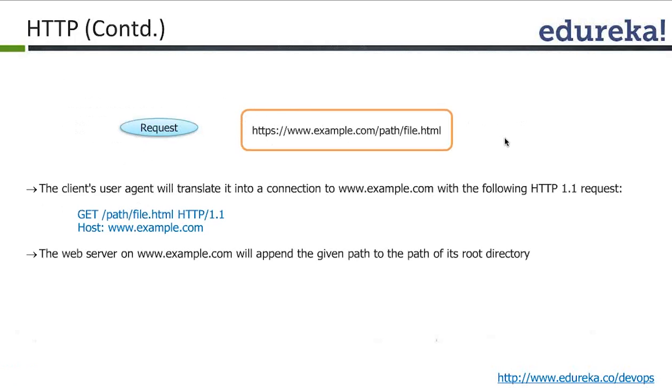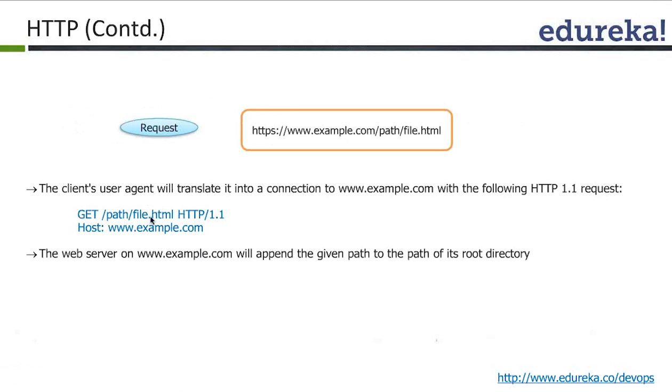This particular protocol has a lot of commands. Okay, I'm sure you might have heard of your GET command, your POST command, DELETE. There are various kinds of such commands. So when you type www.google.com or whatever it is, in the back end you are actually sending a request like this.